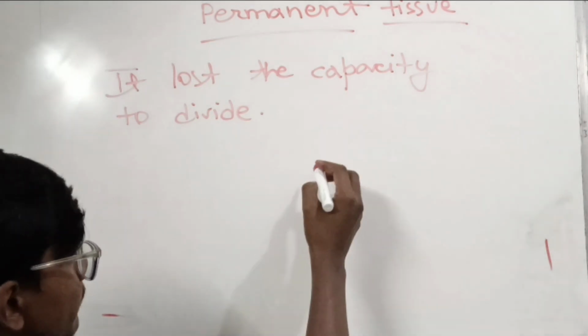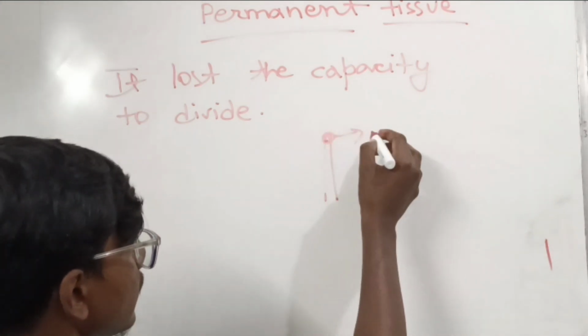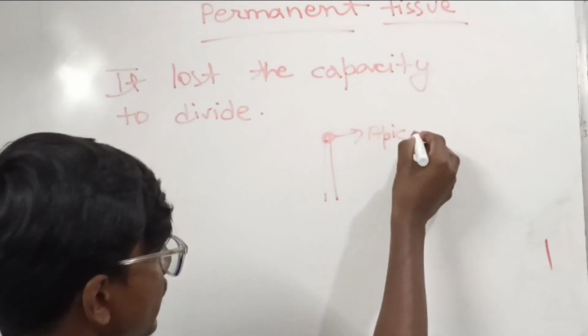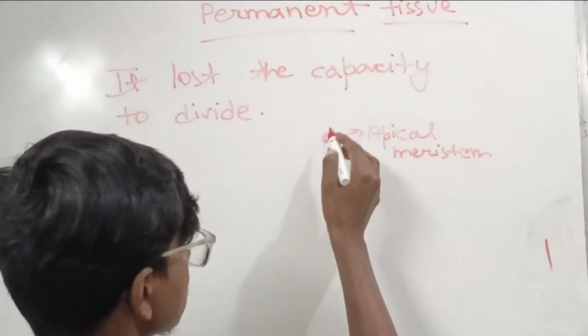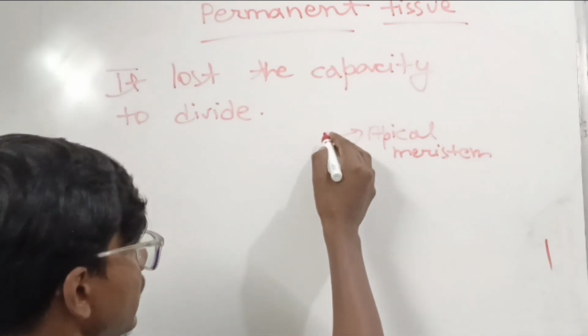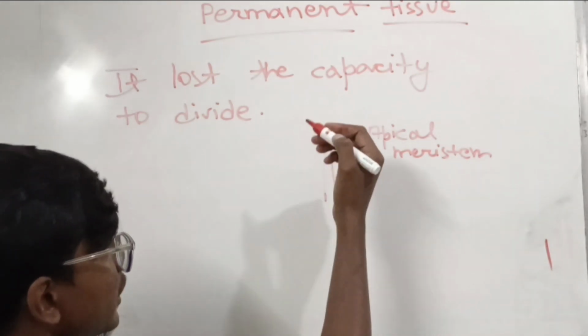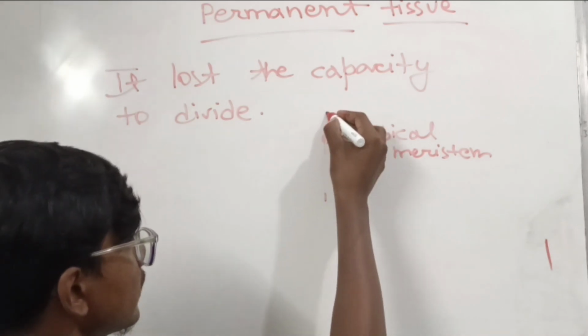So one example if I will take, suppose this is the tip of any plant, and it is having an apical meristem. So because of this the length of the plant will increase. Suppose this was the initial length. After some time, after a day or a few days, if you will see, the length will be increased.